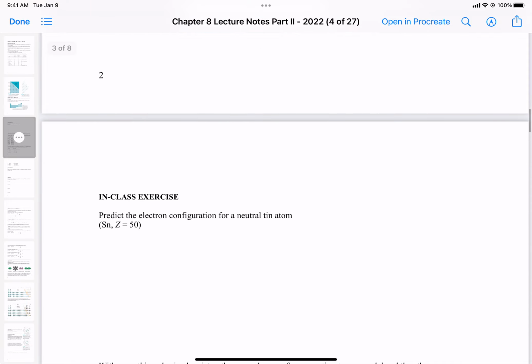So we will have 1s2, 2s2, 2p6, okay, 3s2, 3p6, 4s2, 3d10.